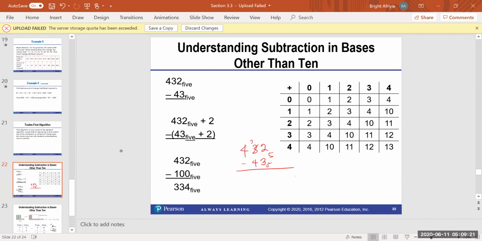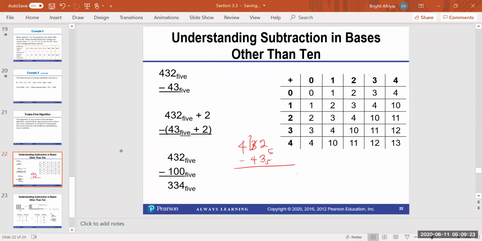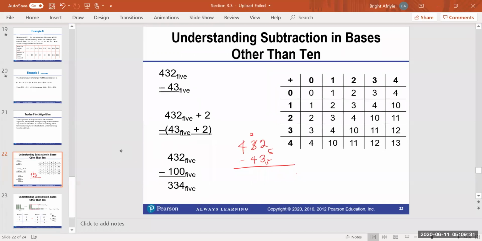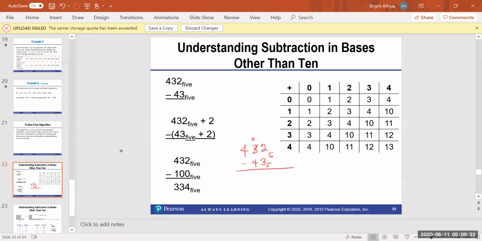So we'll be left with 2 out there. And because we borrowed 5, this is going to be 7. So 7 minus 3 gives us what? 4.